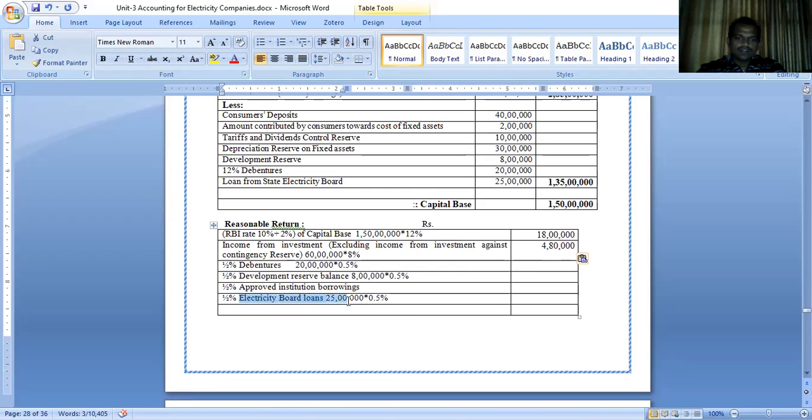Electricity board loans of 25 lakhs we have, so 0.5 percentage. The calculations will be 10,000, 4,000 and 12,500. So finally the reasonable return is 23 lakhs 6,500.